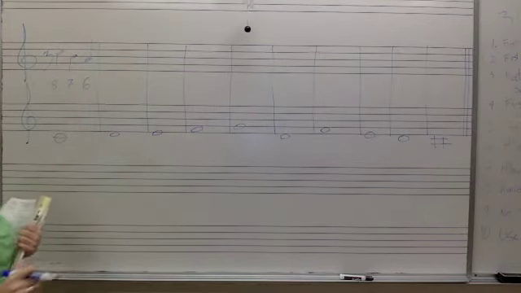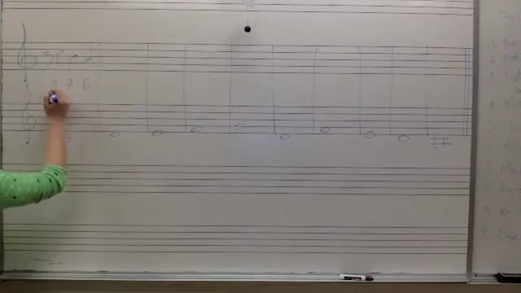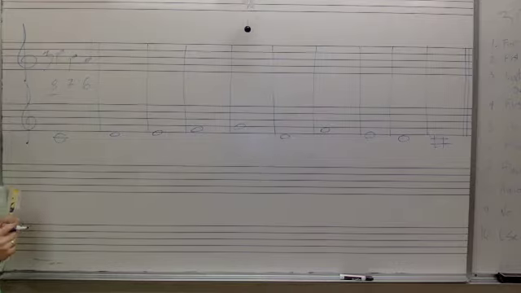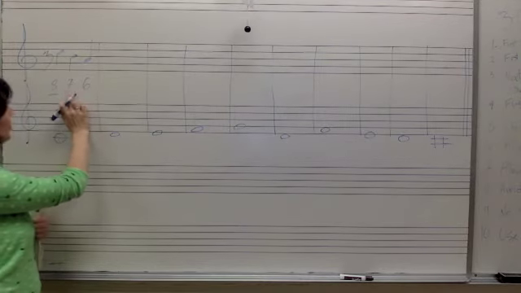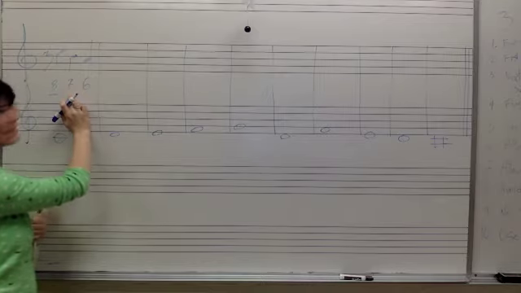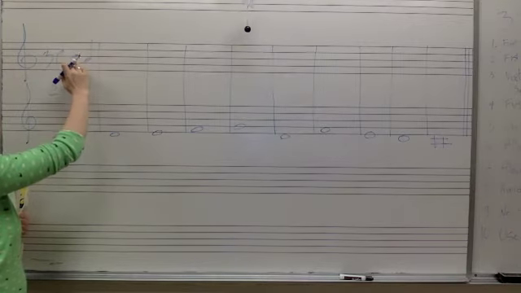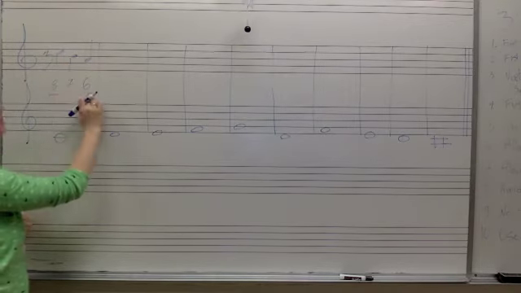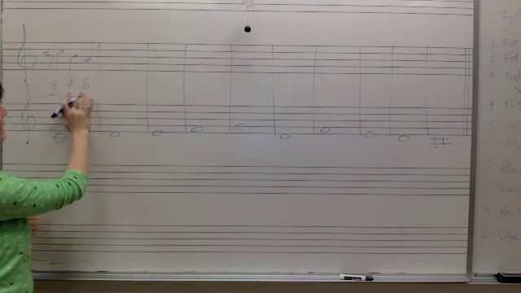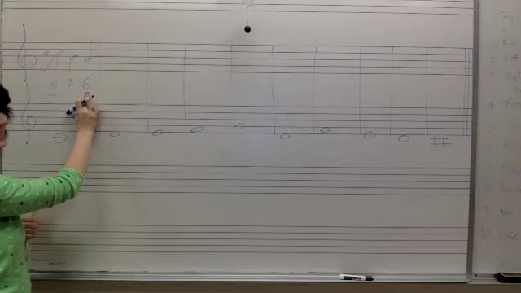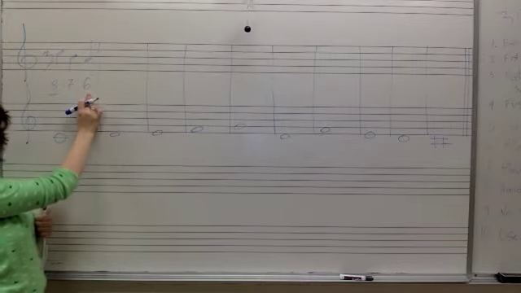So now you'll notice that my first note is a perfect consonance. My second note, or third beat, is a dissonance, but it's in the form of a passing tone. And my last beat, my fourth beat, one of these two has to be a consonant, so this sixth is a consonant, all right?